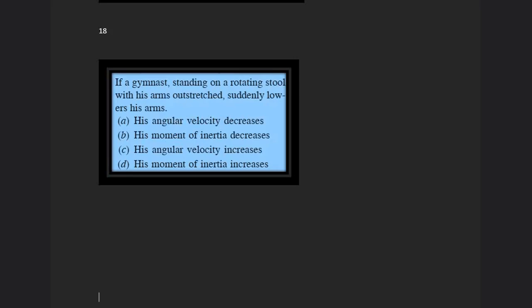So here we need to apply I1 omega 1 equals I2 omega 2. So if I decreases, omega increases, conservation of angular momentum. So his moment of inertia decreases, his angular velocity increases. If you could get the answer, that's great. You remember the theory.